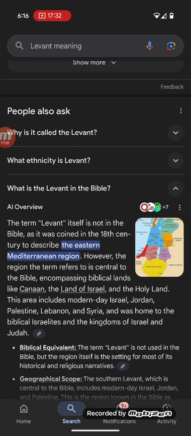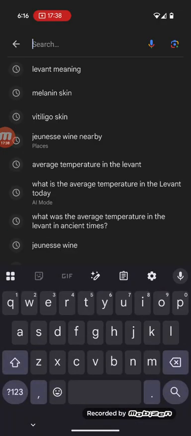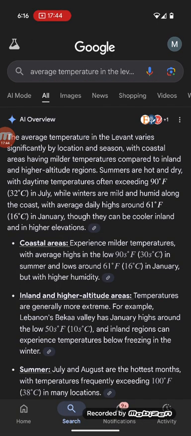And I wanted to get an idea of what the average temperatures were like, or what they are like today. And it says an average temperature in the Levant varies significantly by location and season, with coastal areas having milder temperatures compared to inland and higher altitude regions.